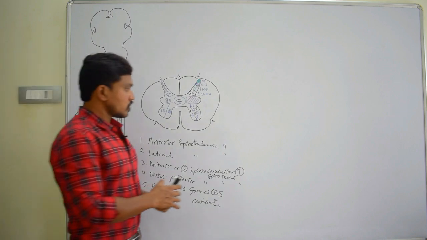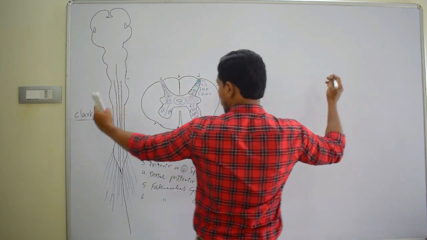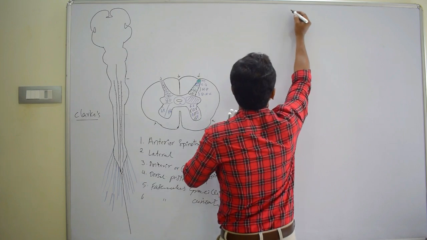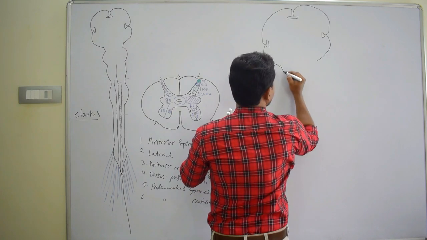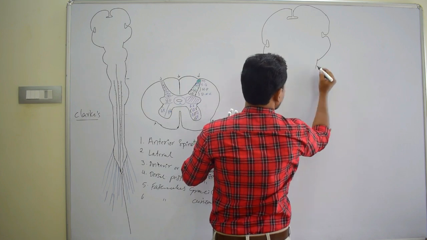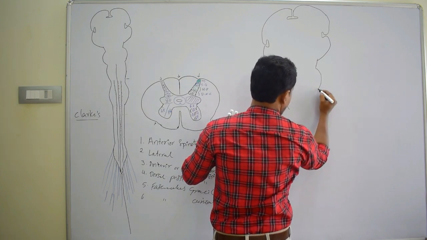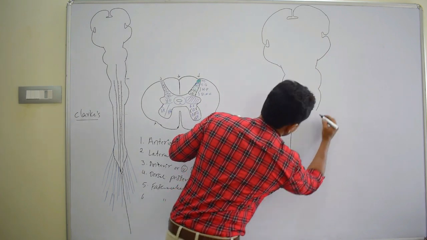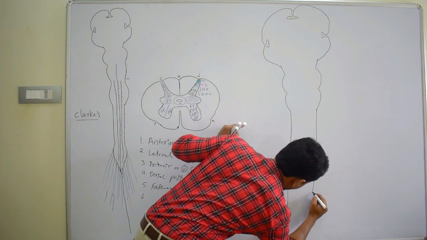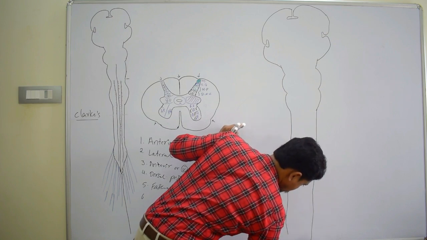Right? So here I am drawing the same diagram for continuation. So this is the brain, midbrain, pons, and here medulla oblongata, and here this is the spinal cord. I am drawing the spinal cord disproportionately larger because we need to draw some cut sections also here.